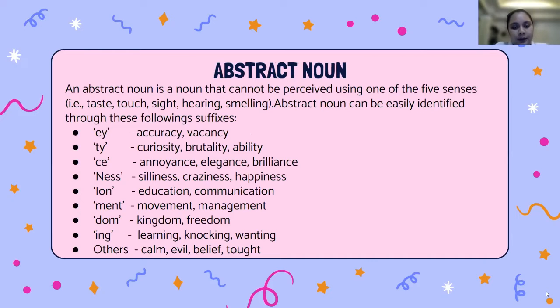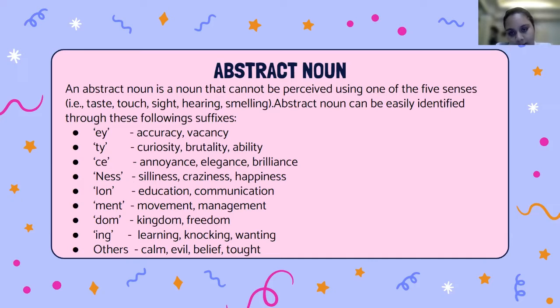And the second one is abstract noun. An abstract noun is a noun that cannot be perceived using one of the five senses, such as taste, touch, sight, hearing, and smelling.